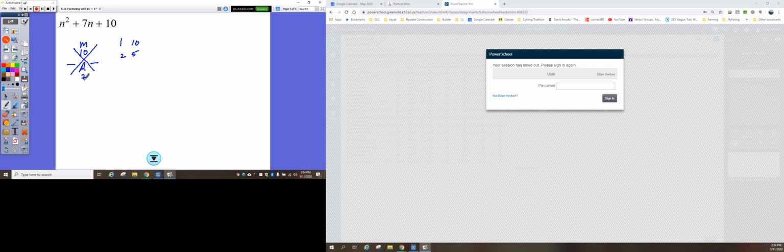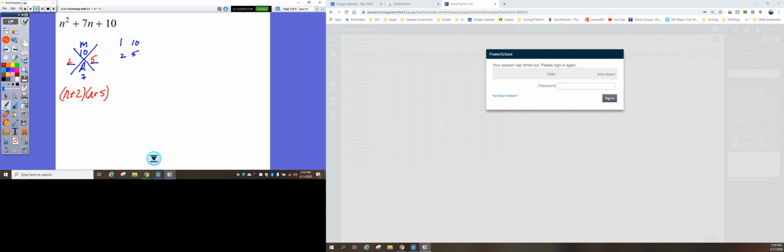Now, because 7 is positive and 10 is positive, I can leave all of this positive. So therefore my numbers are 2 and 5. And we check. 2 times 5, 10. 2 plus 5, 7. So we have, let's keep with the variable, n plus 2 and n plus 5.